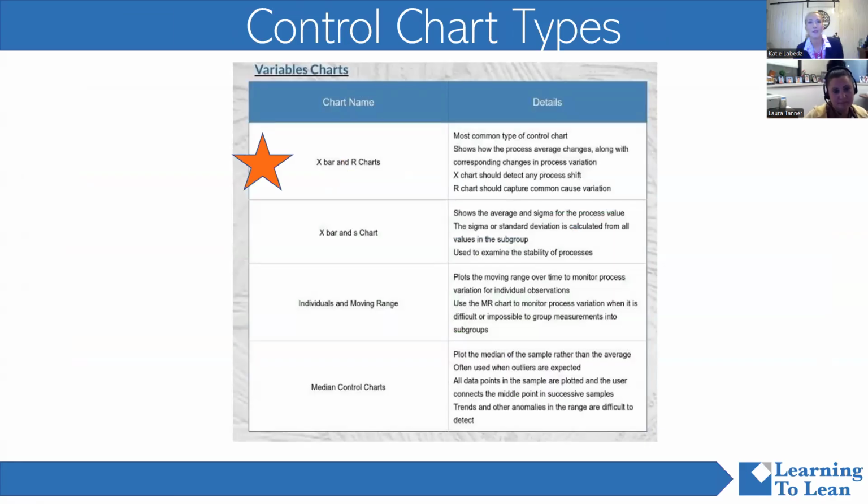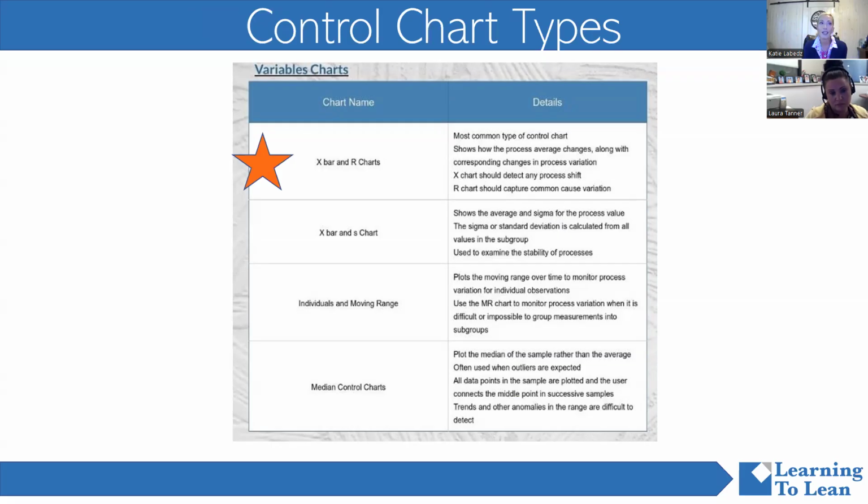Now, there's different types of control charts. The typical ones, like we just looked at, and what you would normally do is called an X bar and R chart. So X bar, or X with a bar over the top of it, means average. So we're looking at the average, like we said, the center line is the average over time or over a range of time.